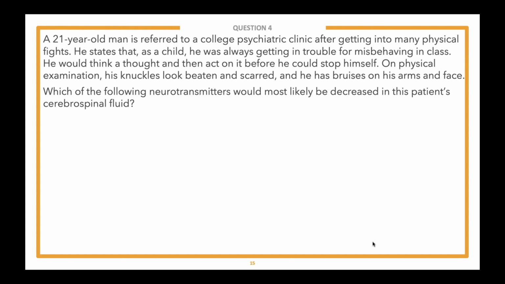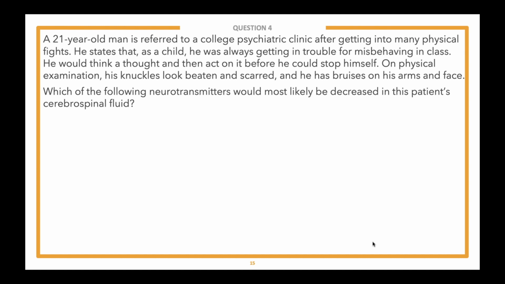A 21-year-old man is referred to a college psychiatric clinic after getting into many physical fights. He states that as a child, he was always getting in trouble for misbehaving in class. He would think a thought and then act on it before he could stop himself.